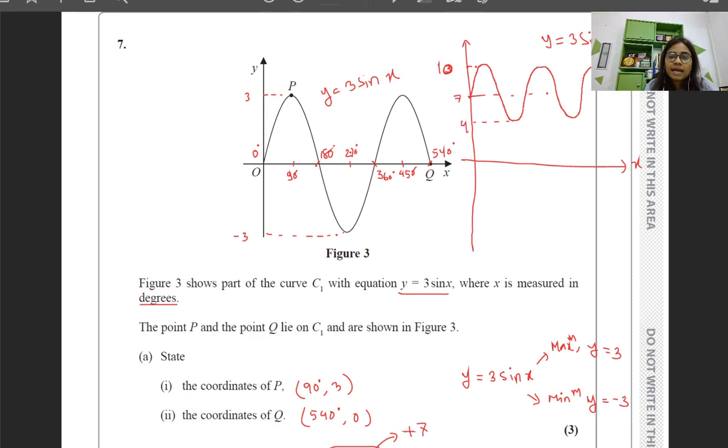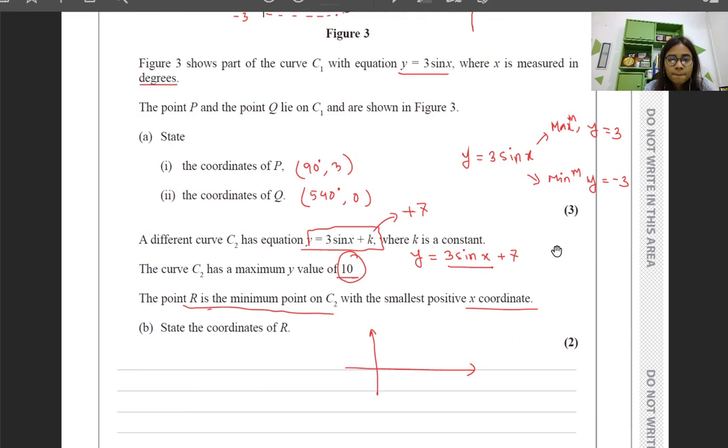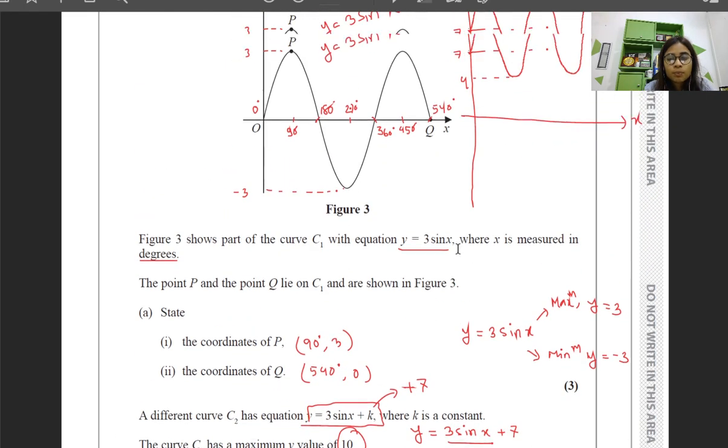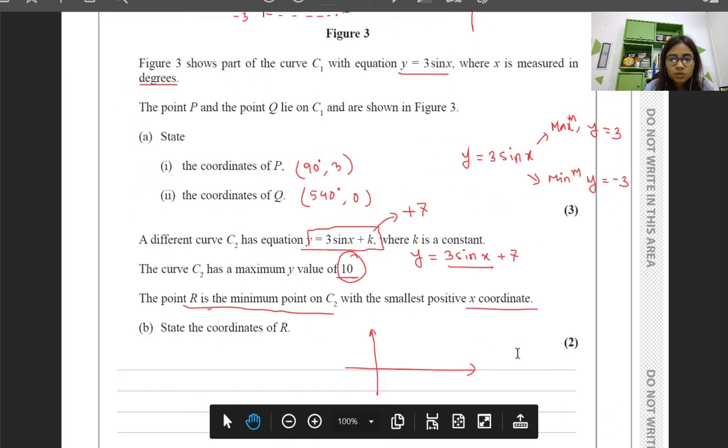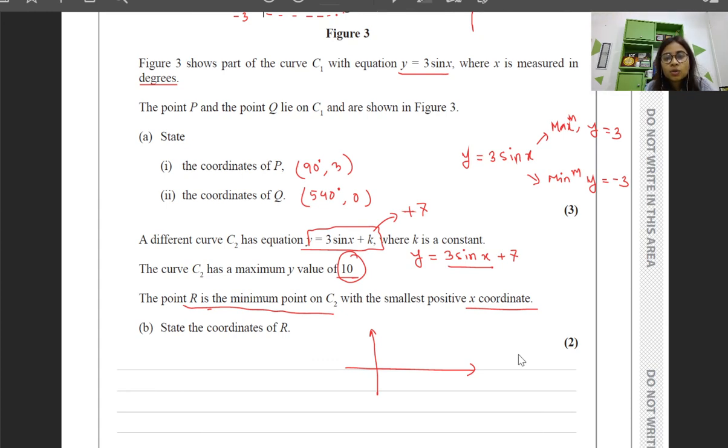We have to find the point R, which is the first minimum point with positive x coordinate. According to the question, the point R is the minimum point on C2 with the smallest positive x coordinate.